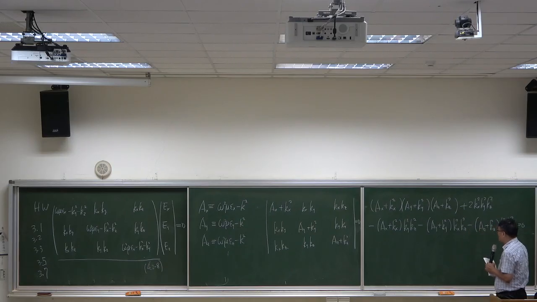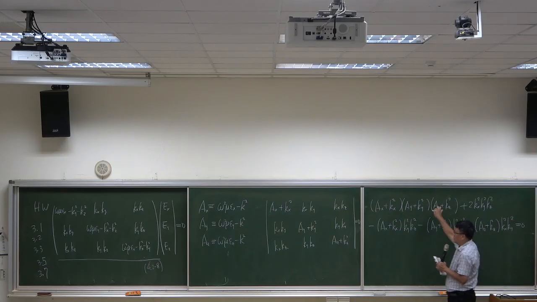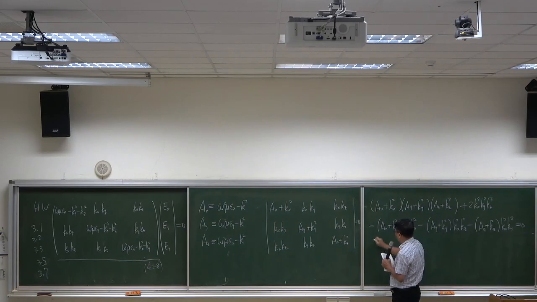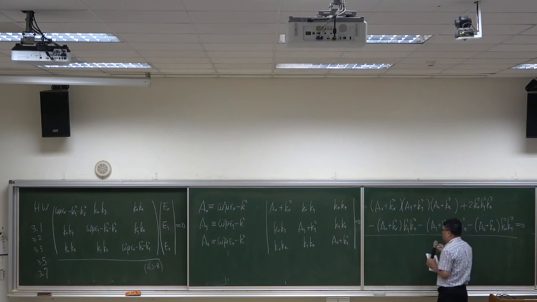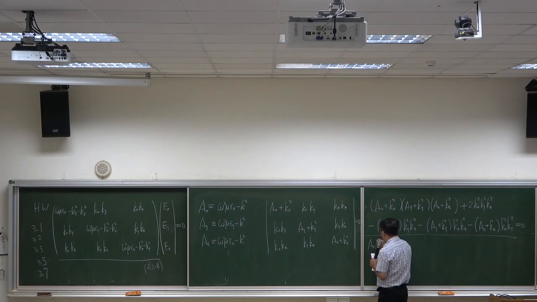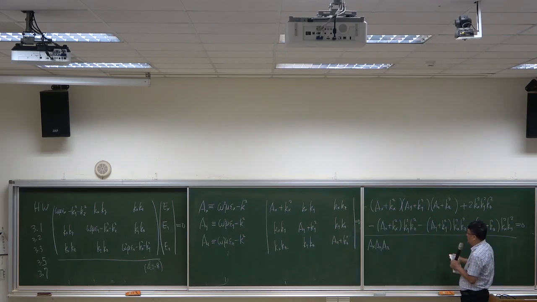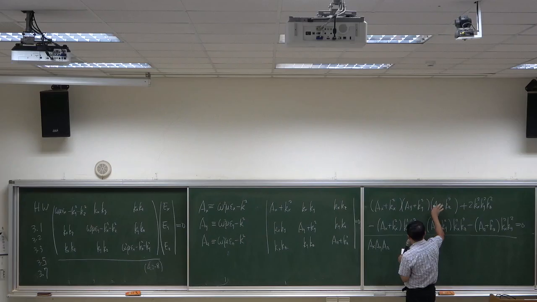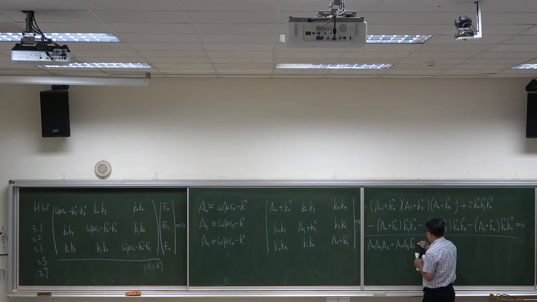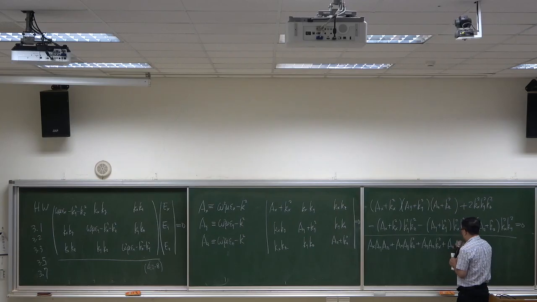So this means we have Ax, Ay, Az these three multiplied together; then two a's multiplied together times the third: Ax Ay kz squared plus Ay Az kx squared plus Az Ax ky squared.